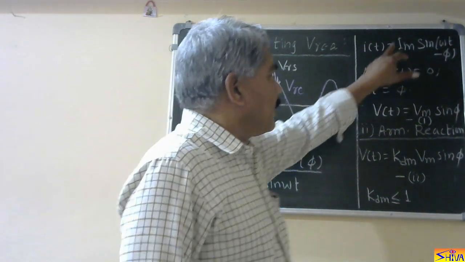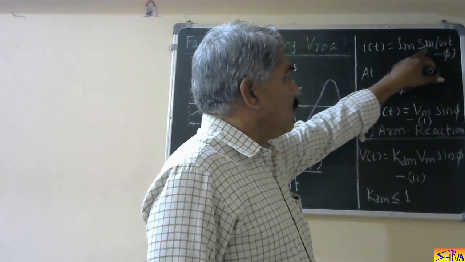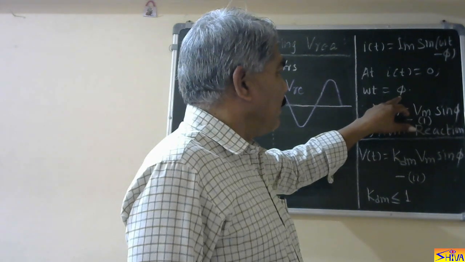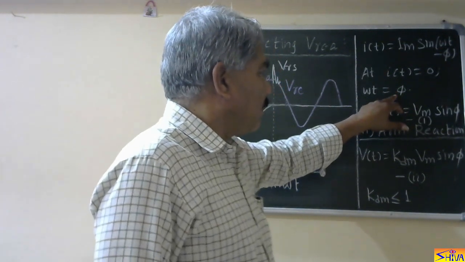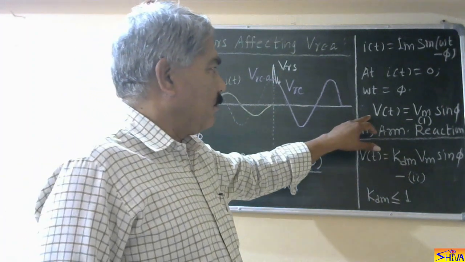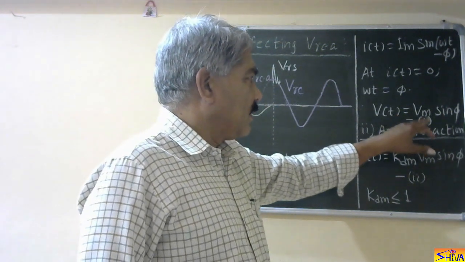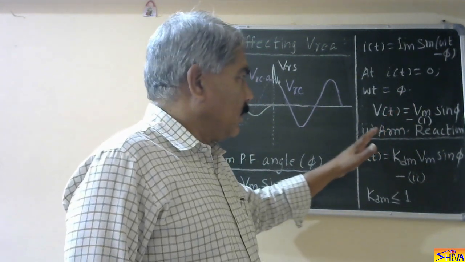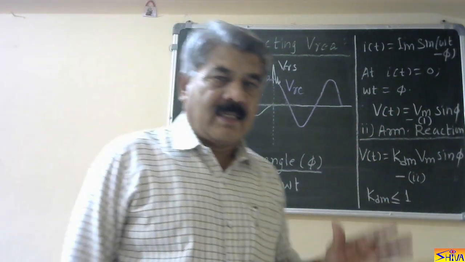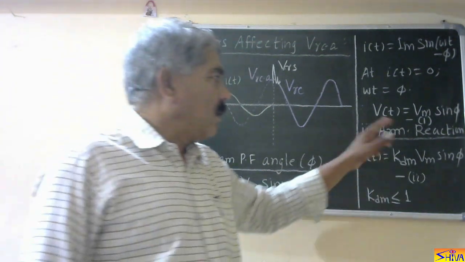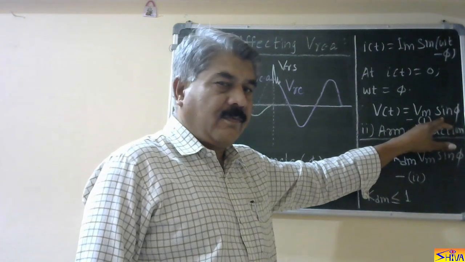In this expression Im cannot be 0, so sin(omega t minus phi) will be 0. It means omega t will be equal to phi. Substituting this value of omega t in the expression for voltage, we get v(t) equal to Vm sin phi. This is the first factor. So we can say that active recovery voltage depends on sin of the power factor angle, sin phi.